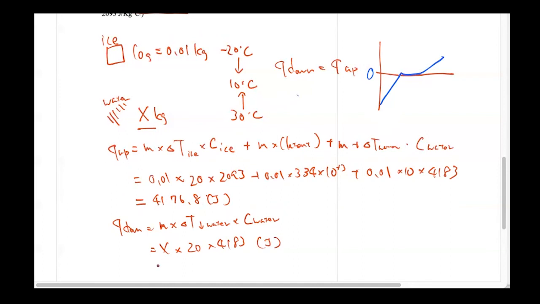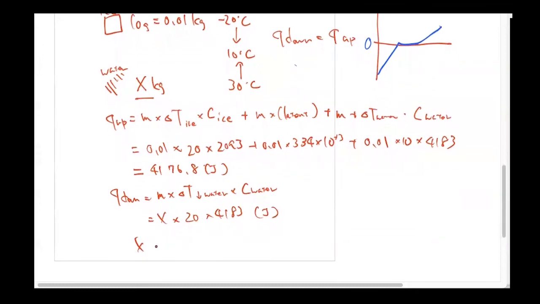Because this value and this value are the same, X equals 4176.8 divided by 4183 divided by 20, which is 0.0499.